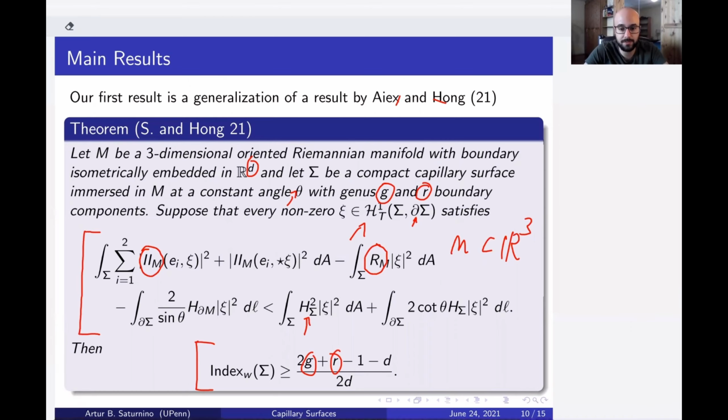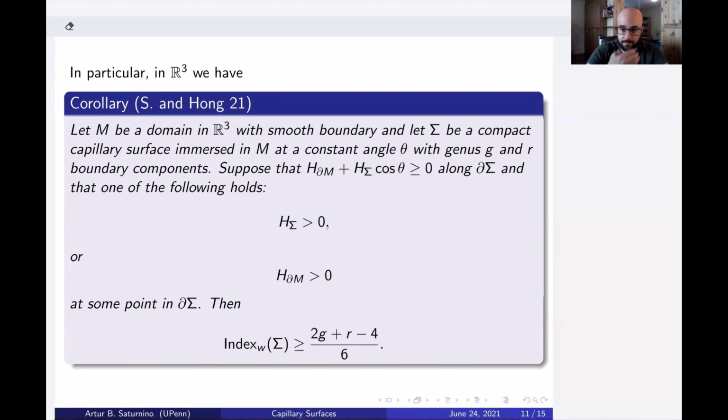We like to see these index bounds because they give us a relationship between the index, which is a variational quantity, and the topology of the surface, which is usually not that trivial to obtain. But it's also a nice relationship. So the second result also, okay, so this is the particular case in R3.